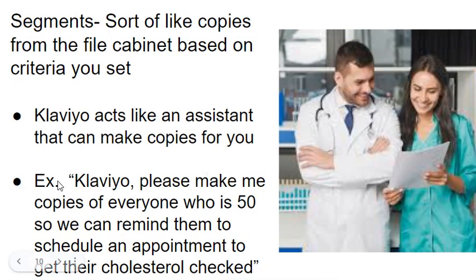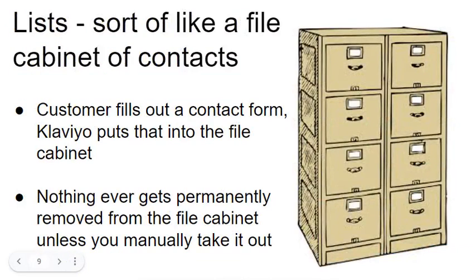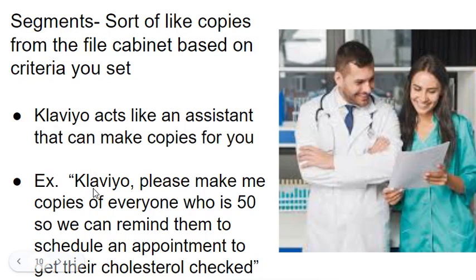So, for example, in the last one we said, Klaviyo will act like your assistant to make a folder of people from this file cabinet based on your criteria. Our example was, hey Klaviyo, please make me copies of everyone who's 50 years old so we can remind them to schedule an appointment to get their cholesterol checked. This is a hospital doctor's office analogy.